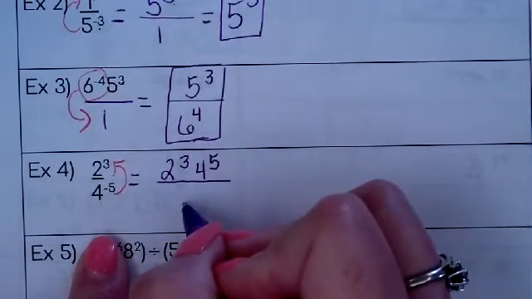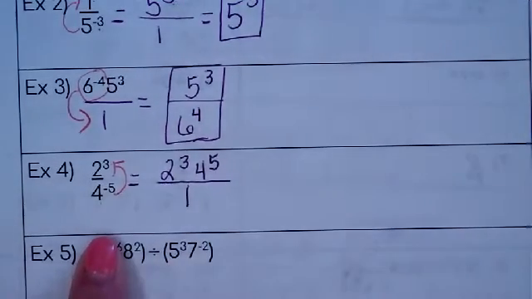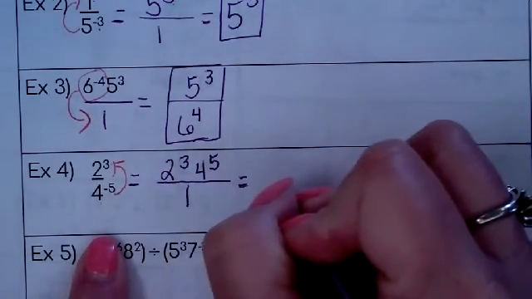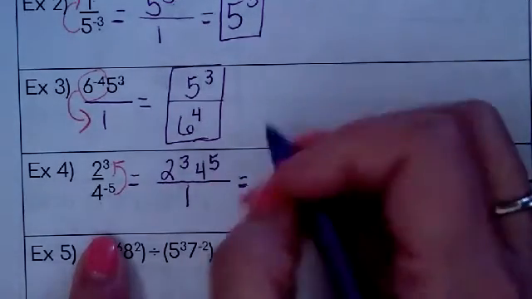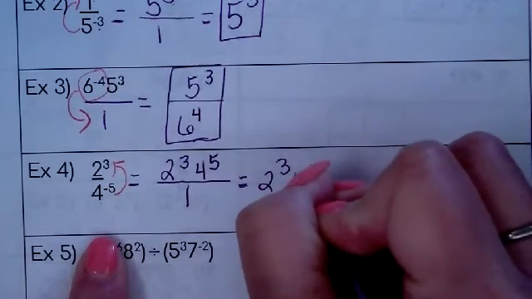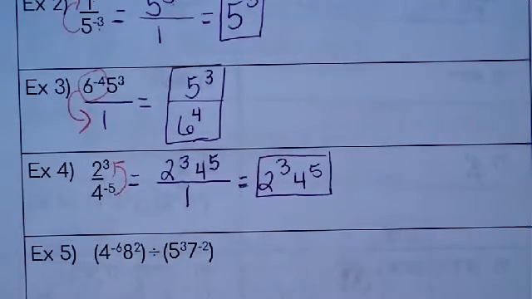Now, notice I now have nothing in my denominator, so if I want to, I could put a 1 placeholder. But again, you don't normally write 1 denominators. We just drop them off and we just know it's there. So that would be 2 to the 3rd, 4 to the 5th, just like that.